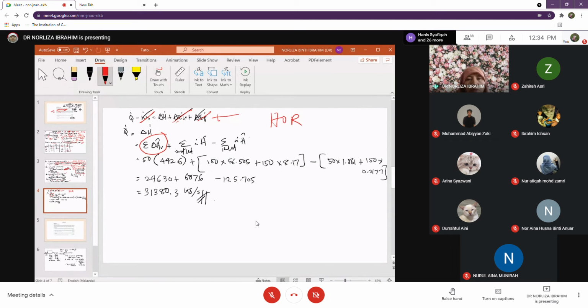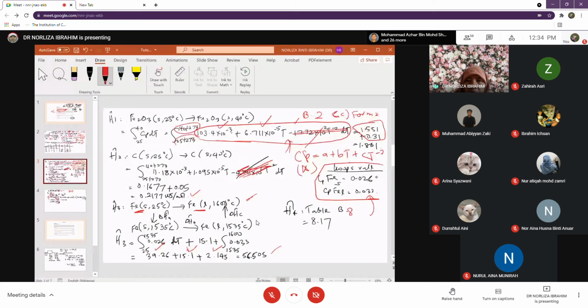When you put that in, make sure the units are consistent. If this is mole per second, and this is kilojoule per mole, you should get kilojoule per second. That's why the CP here, the Cox rule CP, if you refer to the table, is 26.